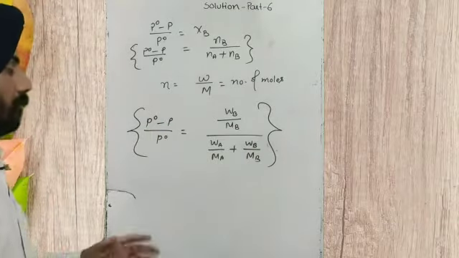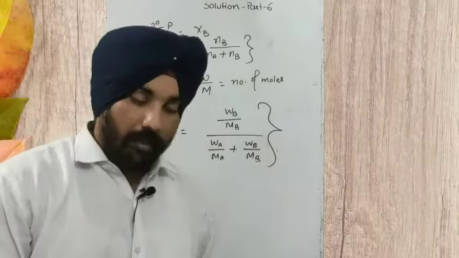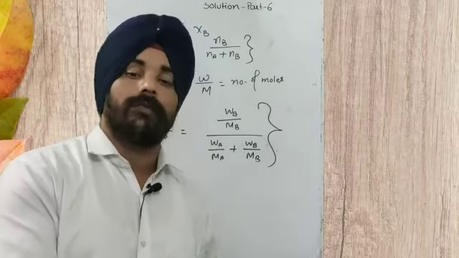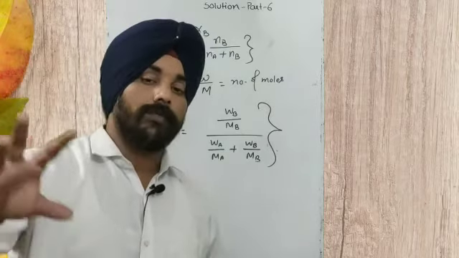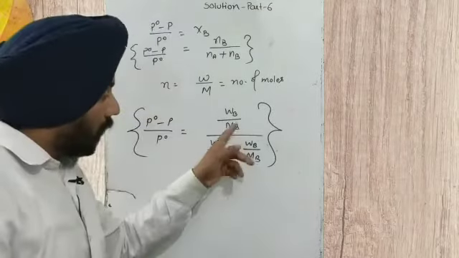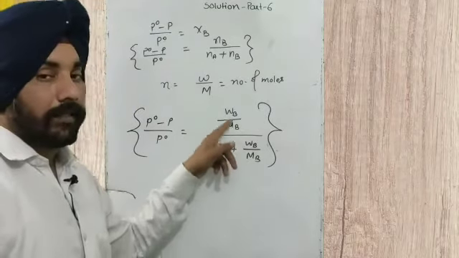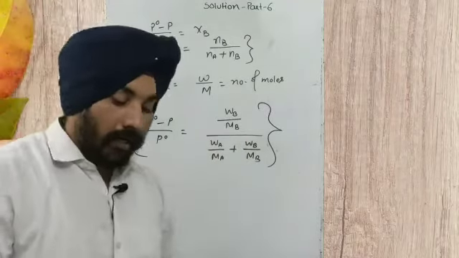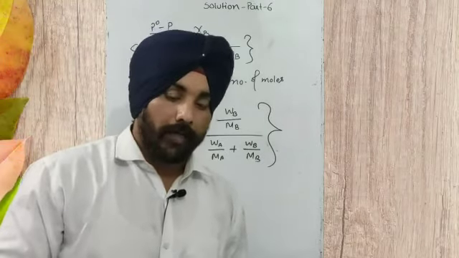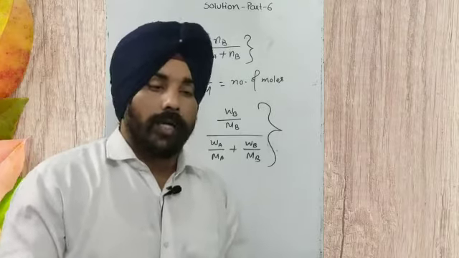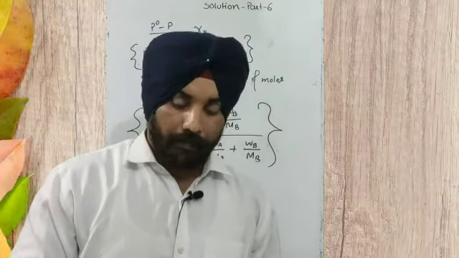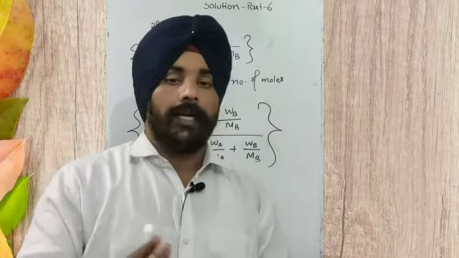If the solution has the number of moles of solvent very much greater than the number of moles of solute, then from the denominator part you have to neglect the solute value. Like you are taking a solution in which water acts as a solvent, and glucose or urea or something like that is acting as a solute, and the solution is dilute.